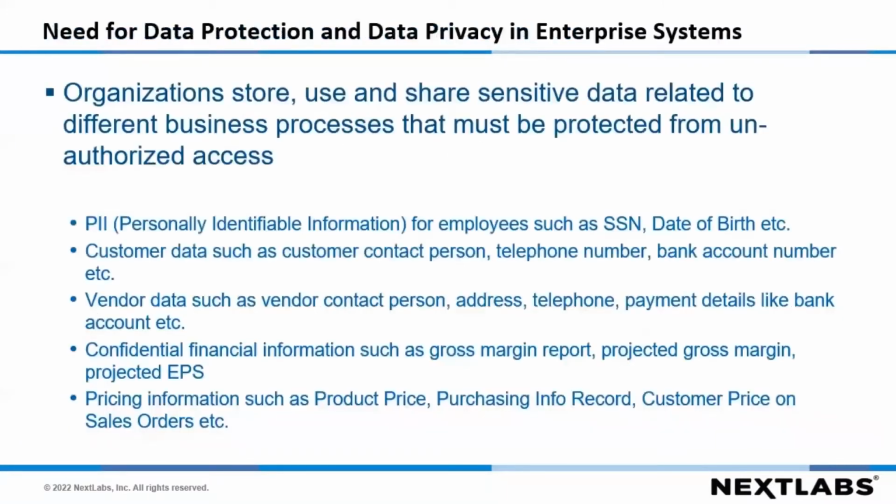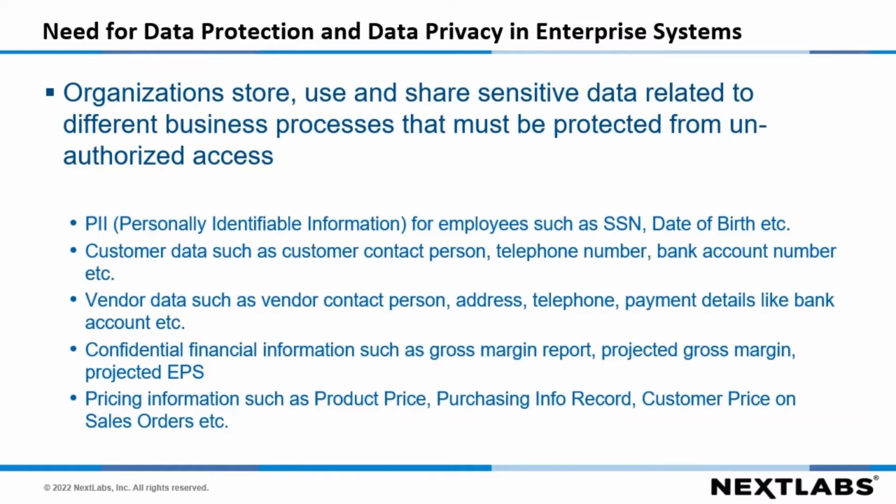So the need for data protection and data privacy is especially apparent in enterprise systems. Organizations, especially large enterprises, store, use, and share sensitive data related to different business processes that must be protected from unauthorized access. There's a wide range of different types of data and information. This could be things like PII, personal information covered by regulations, as well as information that would just cause a significant impact if it happened to be leaked.